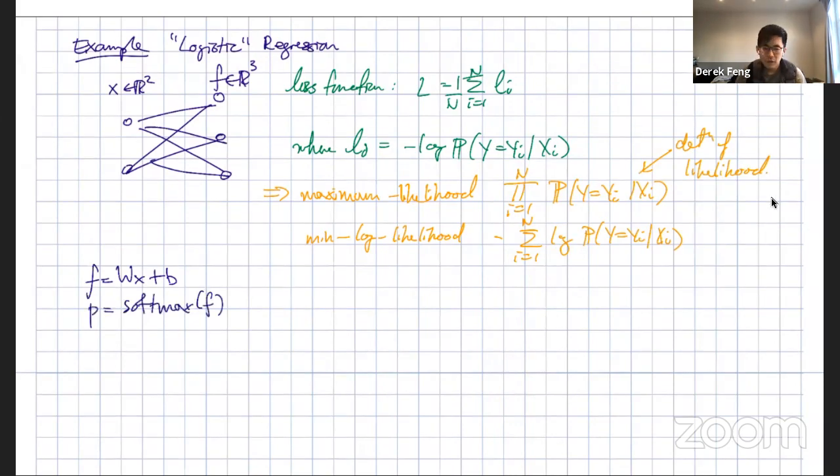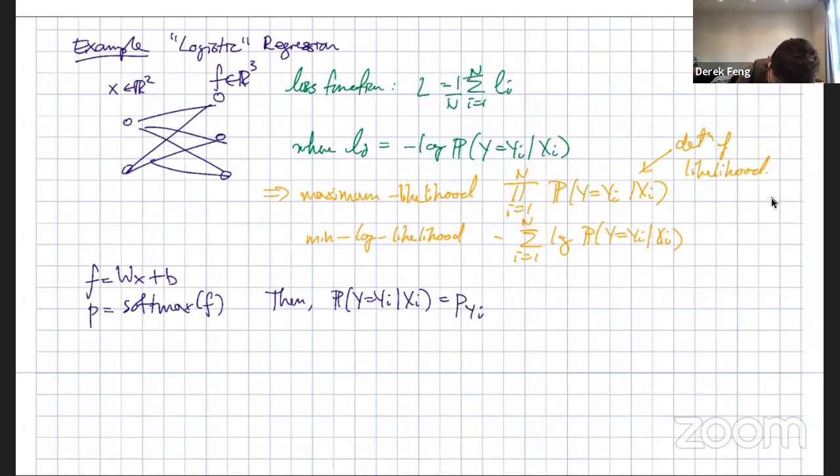So if we're just reading it off, what is p of y equals yi given xi? Well, that's just p of yi, because of how we set up this model. You take this linear combination of x and apply softmax, and then index.